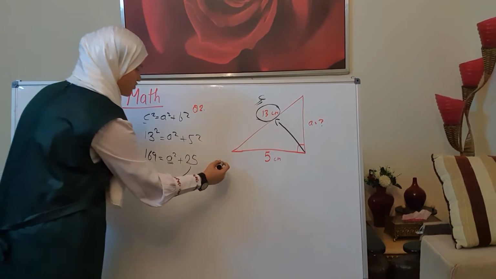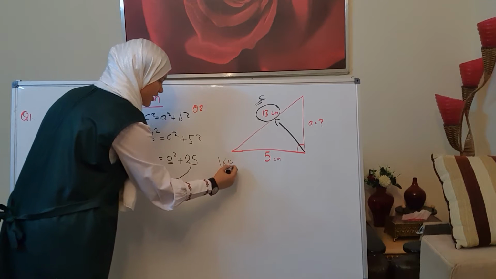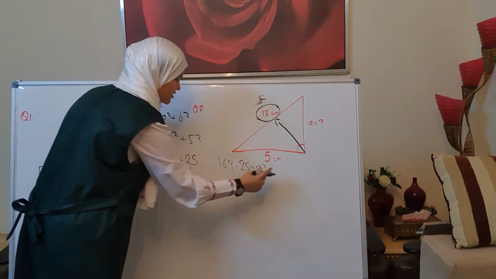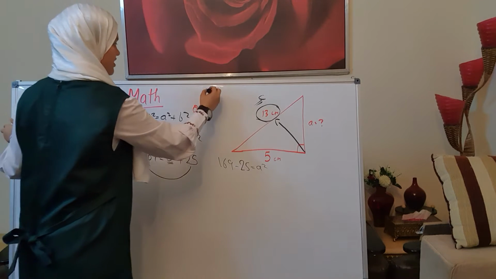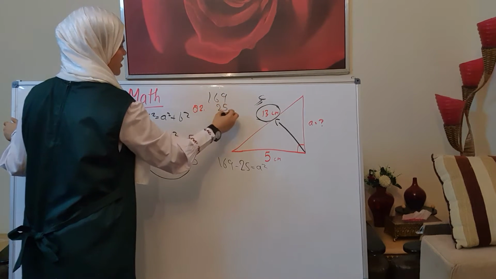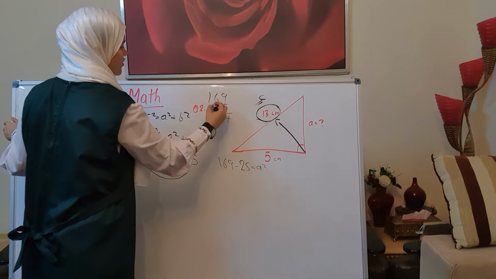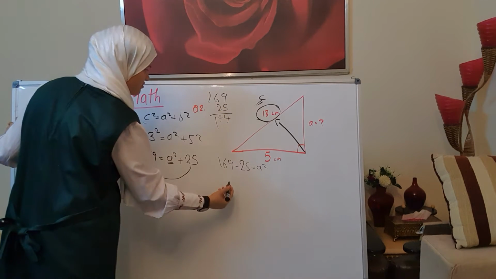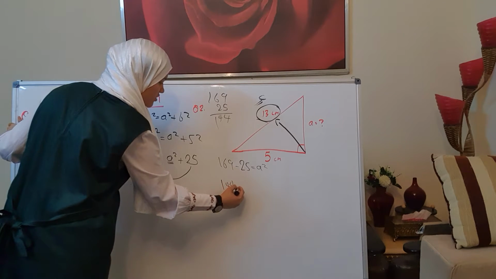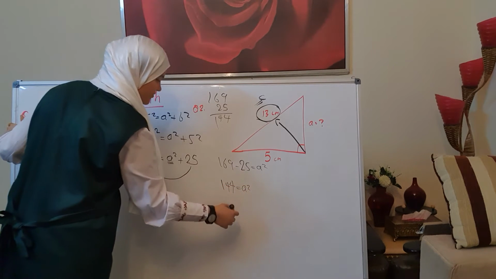That means here it will be 169 minus 25 is equal to a squared. And after we subtract it, 169 minus 25 is 144. That means it will be 144 is equal to a squared.